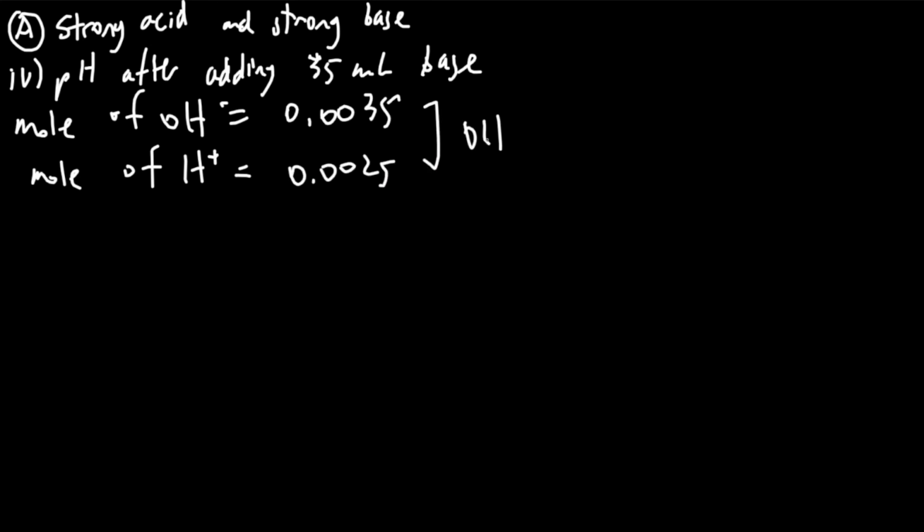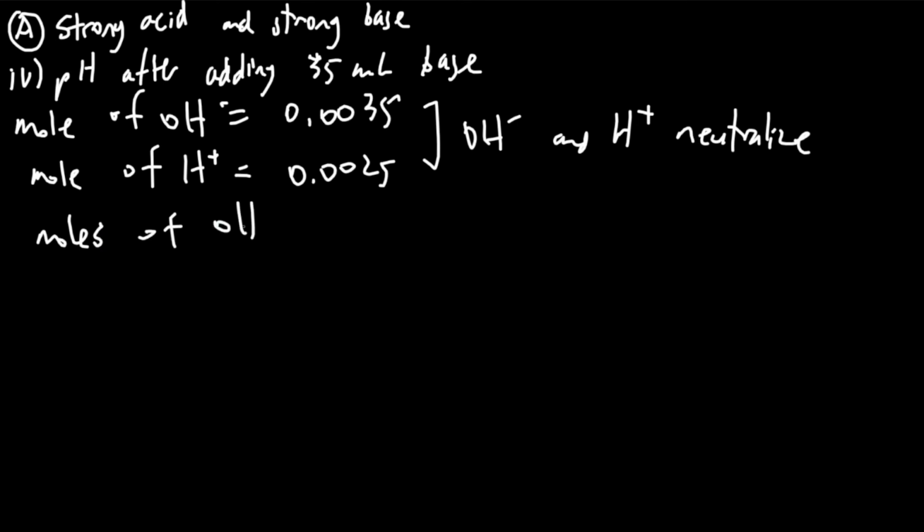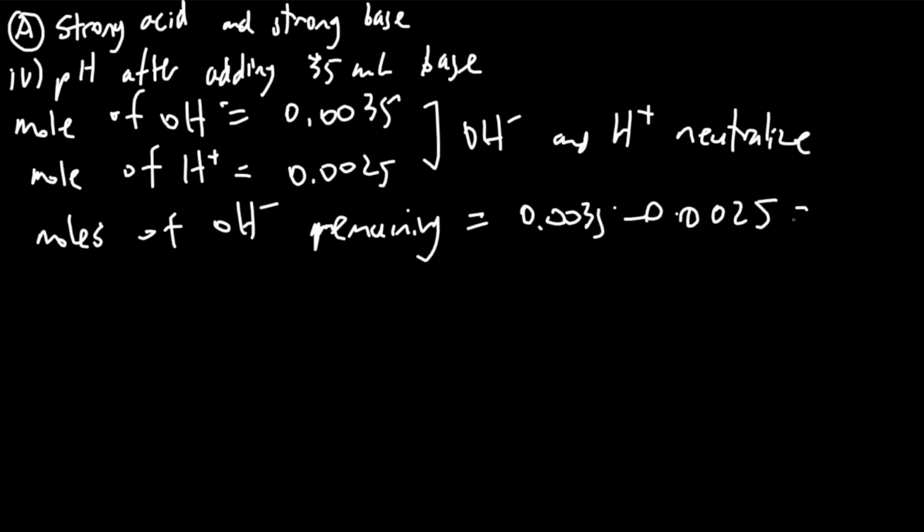OH minus and H plus, they'll neutralize. This means that moles of OH minus remaining would be 0.0035 minus 0.0025 gives you 0.001.